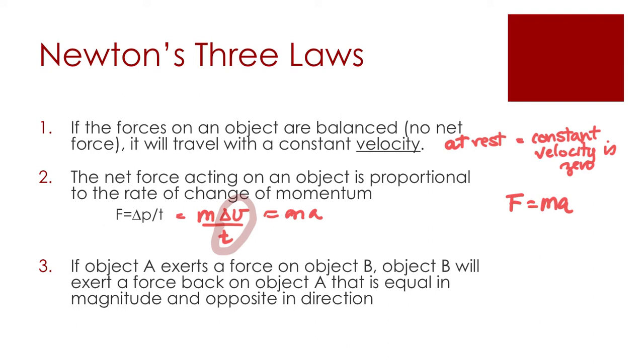But look carefully. I don't actually have to have a changing velocity. I could have a changing mass. And if that was the case, then my equation would have looked like the change in mass times the single velocity over time.